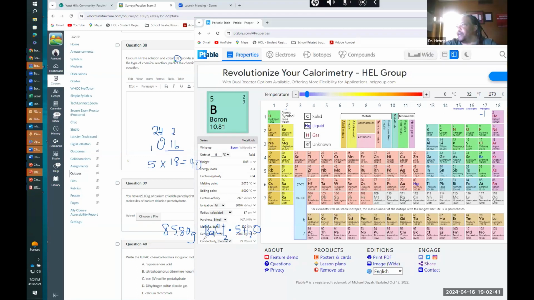Okay, and then we have our barium. Barium weighs 137.33. And then chloride, we have 2 of them. So we have 35.45 times 2.